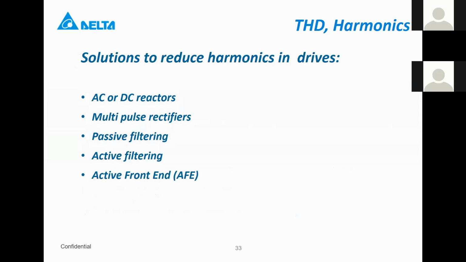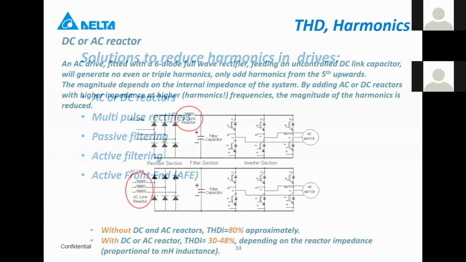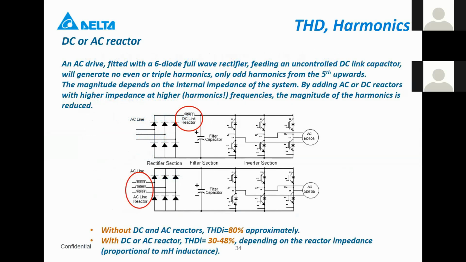We can use multi-pulse rectifiers, passive filters, active filters, and of course, active front end. A DC reactor means that there is a reactor placed in the DC link of a frequency drive. An AC reactor or line reactor is in front of the frequency drive.